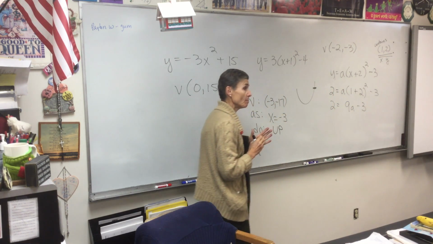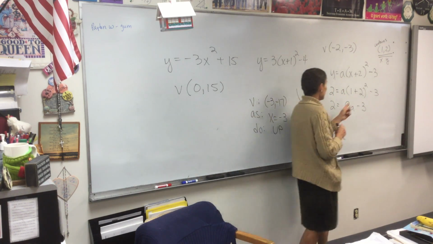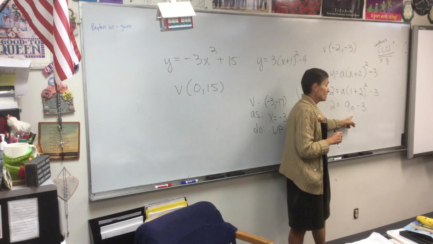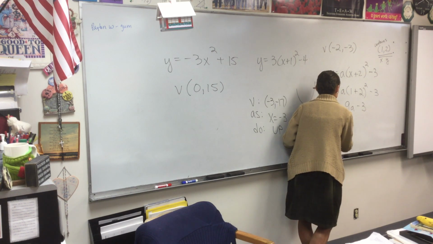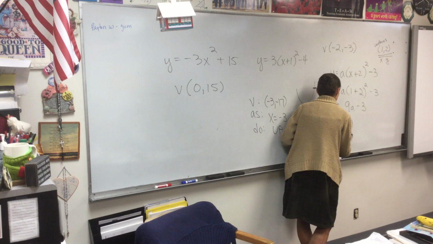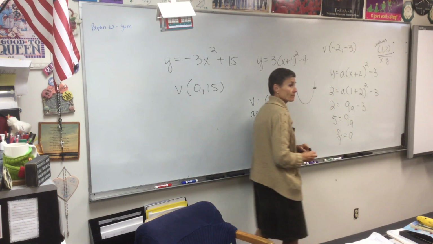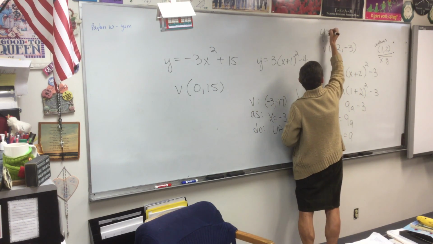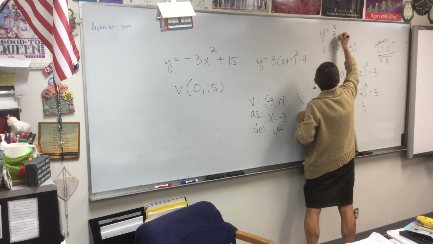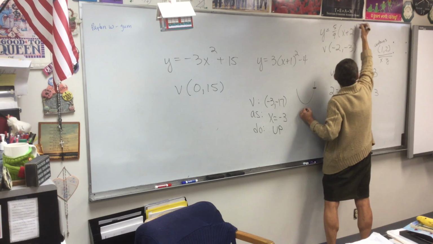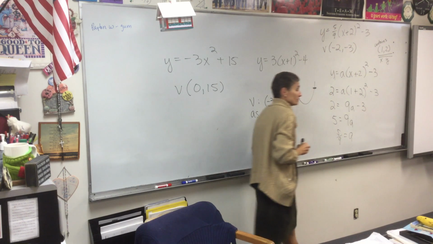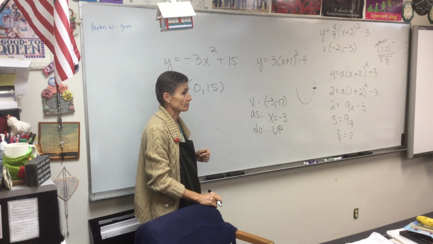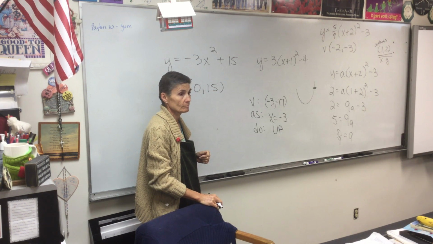Notice I am not combining the 9 and the 3 because the 9 is hooked to the A. So now I'll add 3 to both sides and divide by 9. Now you get a fraction, but it doesn't matter. You're just going to come up and plug it in. So y equals 5/9 (x plus 2) squared minus 3. And that's the answer to the question.